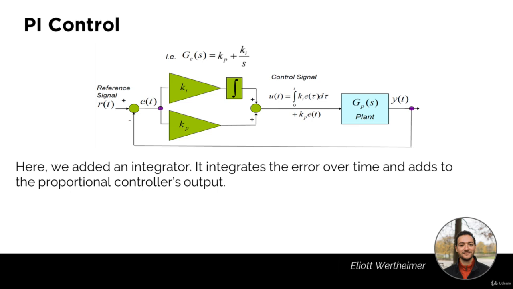Now, the amazing thing with Laplace transforms is that integrations and differentiations are super easy. Essentially, an integration is just dividing something by s, while a differentiation consists in multiplying something by s, and we will see this in more detail when we look at derivative control.